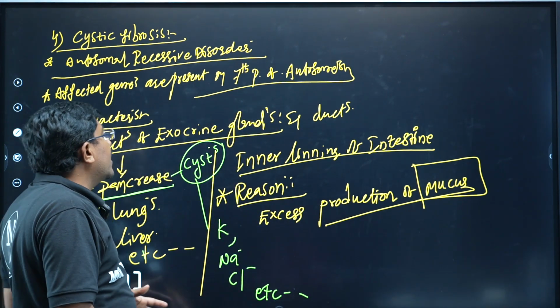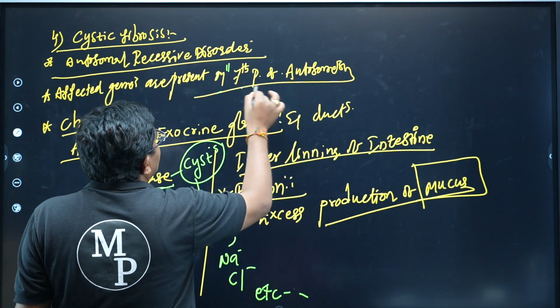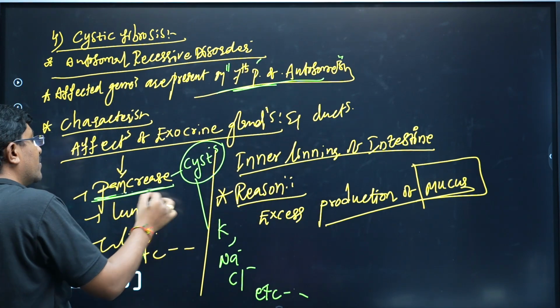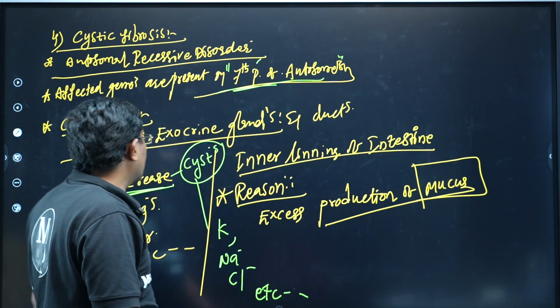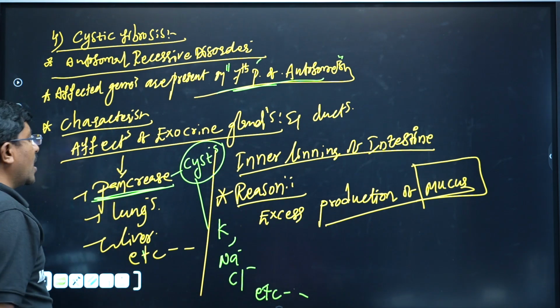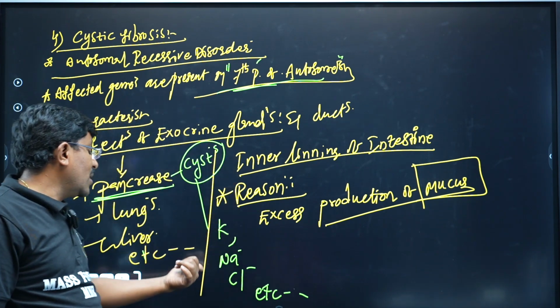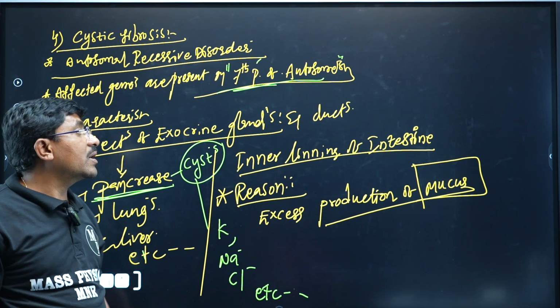So this whole condition is due to one gene present on the 7th pair of autosomes. That gene is responsible for maintenance of the pancreatic cells, for the production of normal pancreatic juice, and that gene maintains the proper control of these electrolytes. Understood?